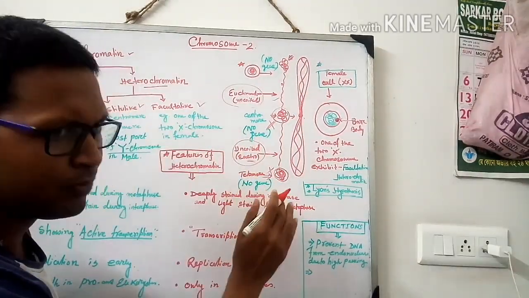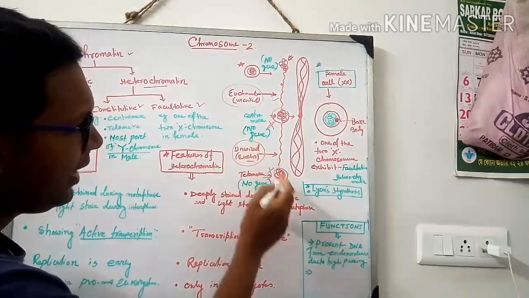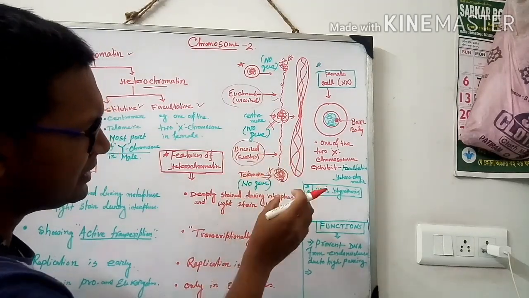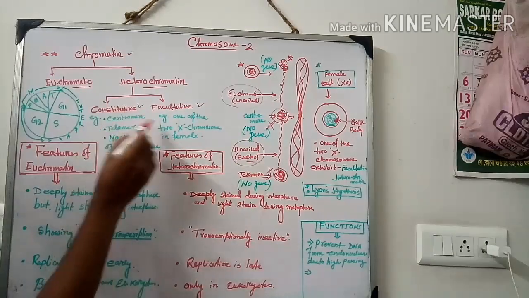In any stage of the cell cycle they remain in a coiled stage and do not actively participate in protein synthesis. These are the constitutive heterochromatic regions.